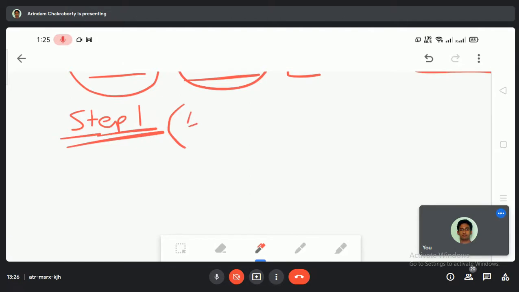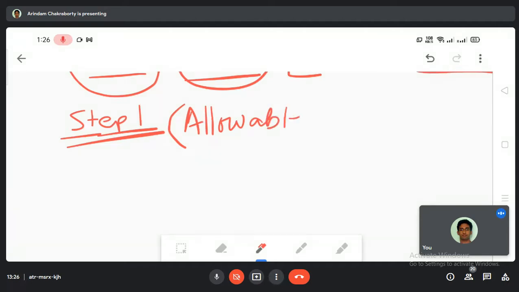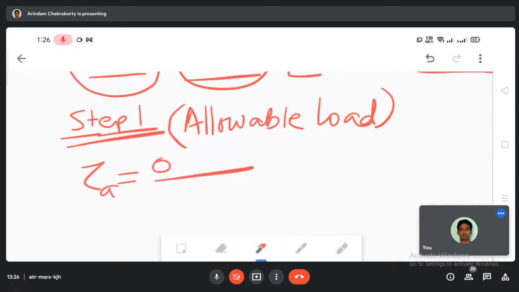Since we know that the shaft will not go for any other deformation, only shear deformation, we can directly write tau A is equal to 0.5 times sigma YT divided by factor of safety.